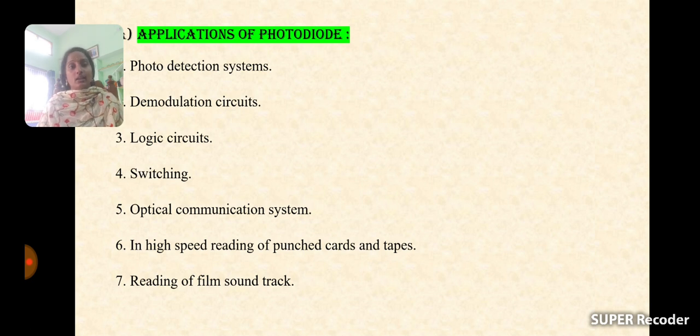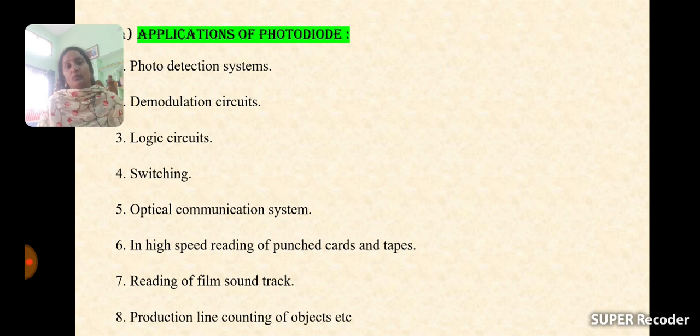And in which kind of communication systems are we using photodiodes? In optical communication systems. And these are also used in high speed reading of punched cards and tapes, magnetic tapes, punched card recorders, like that. And also used in reading of film soundtracks.